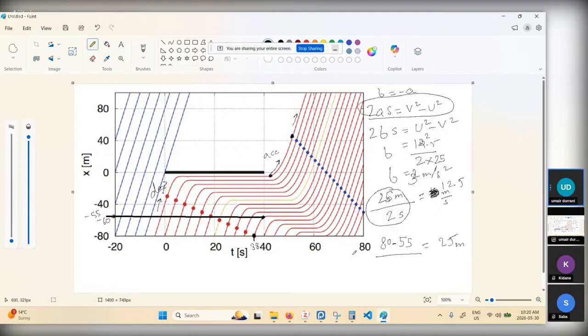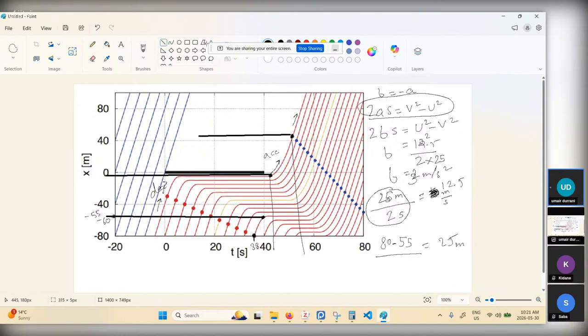So based on that, what we are interested in is to determine what is the time here and here. Similarly, what is the distance here and at this point. So if I draw lines for that, then this distance may be 10, and this may be, let's see, slightly above 40. This may be 45.